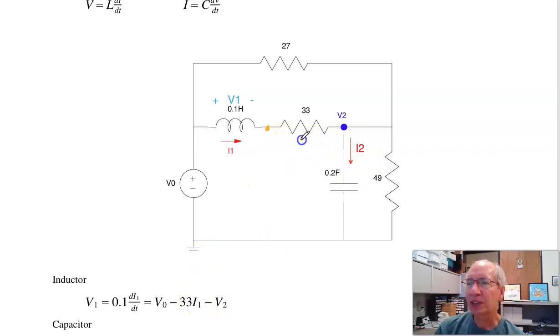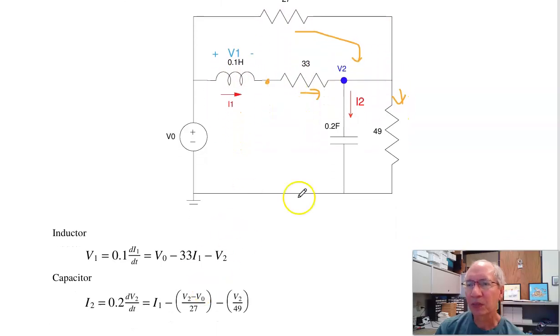For the capacitor I2, current in equals current out: this current plus this current minus this current. So I2 is I1 plus V0 minus V2 over 27 minus V2 over 49. Gives you 2 coupled first-order differential equations. I know there'll be 2 of them because they have 2 energy storage elements, 1 inductor, 1 capacitor.